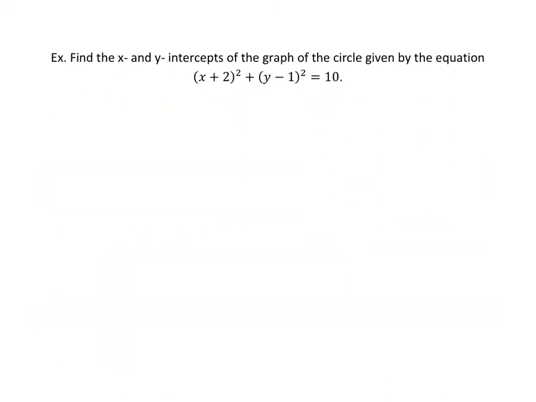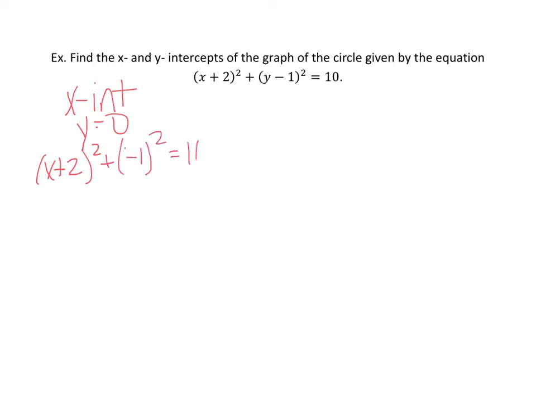Find the x and y intercepts of the graph of the circle. If I'm looking for the x-intercept, I'm setting y equal to 0. So (x + 2) squared plus negative 1 squared equals 10. (x + 2) squared plus negative 1 squared is 1.